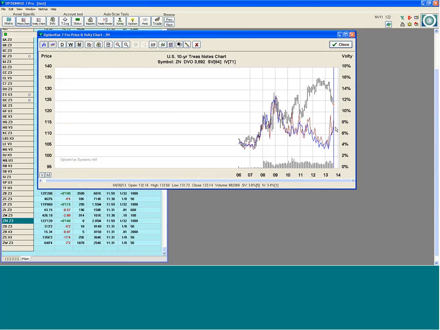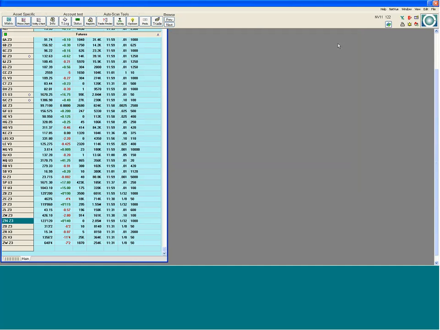Now it is up to 7.5% right now. As note futures are declining in price, implied volatility is increasing. So there's all kinds of interesting spreads you can do in the 10-year note market to take advantage of both a directional outlook as well as an implied volatility outlook.